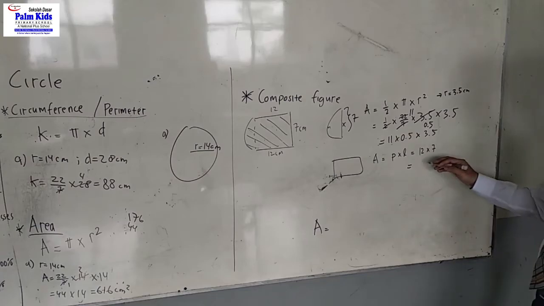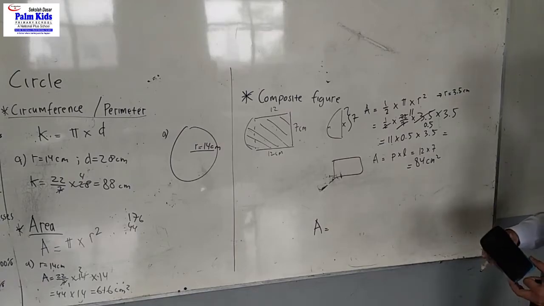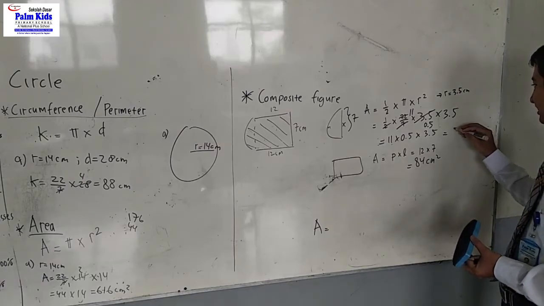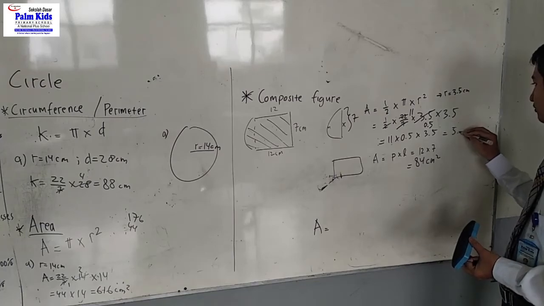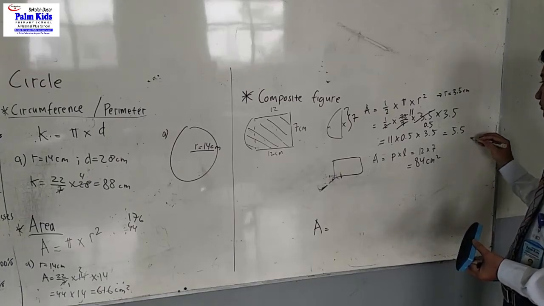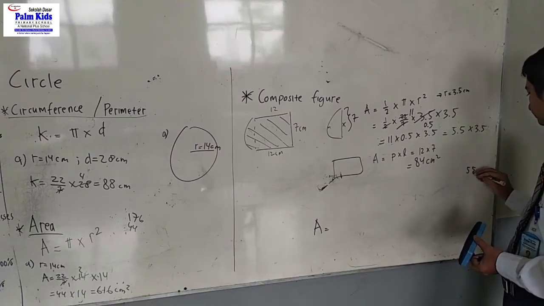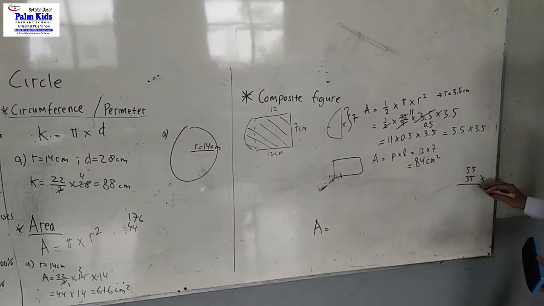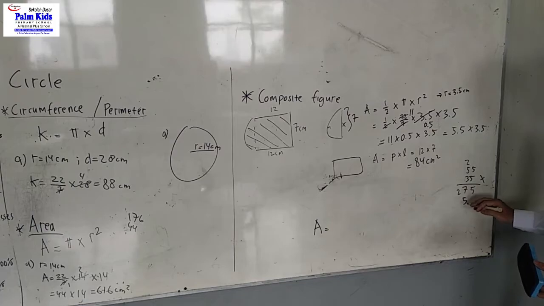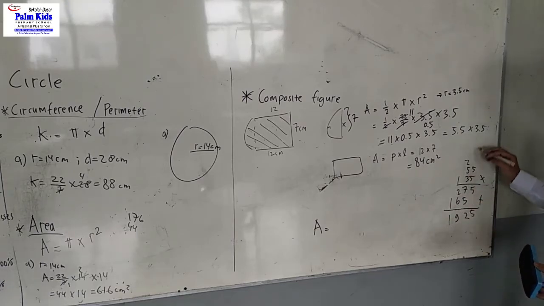12 multiplied by 7 is 84 centimeters squared. While 11 multiplied by 0.5 is 5.5, multiplied by 3.5. That gives 19.25 with 2 decimal points.